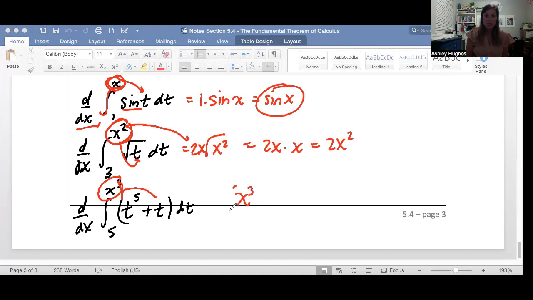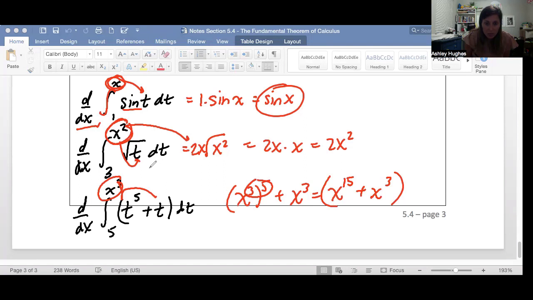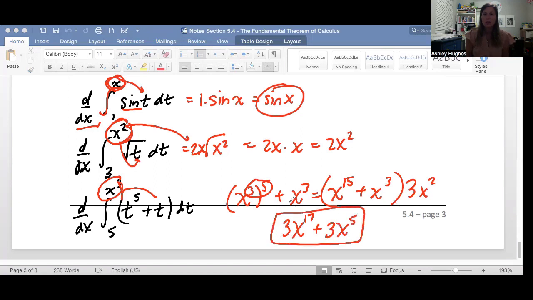So x cubed to the 5th plus x cubed, and then multiply by the derivative of that, which would be 3x squared. So that's just showing you a few other examples.